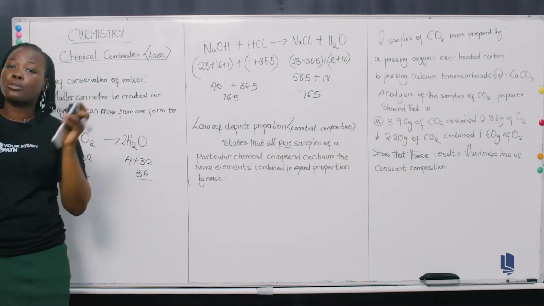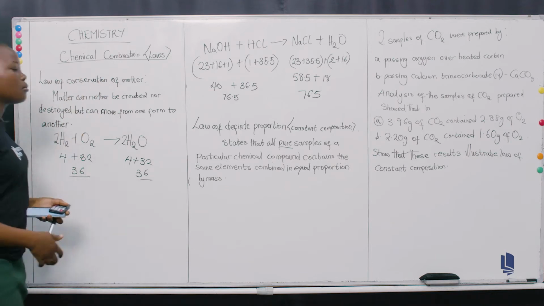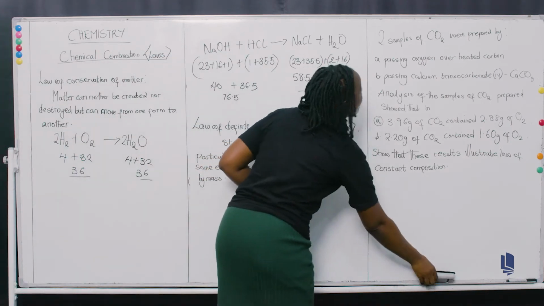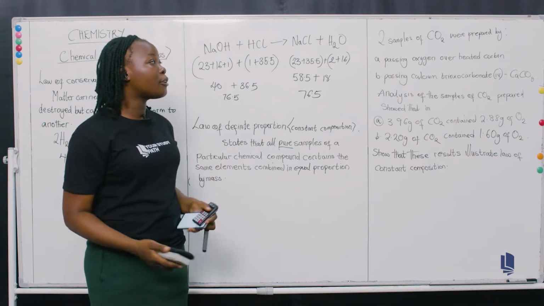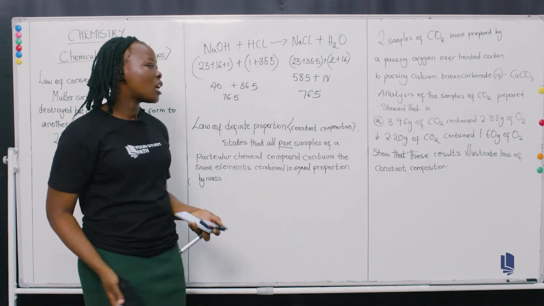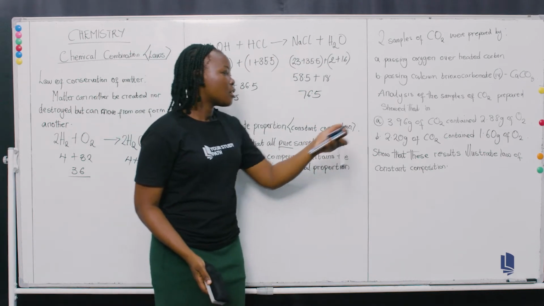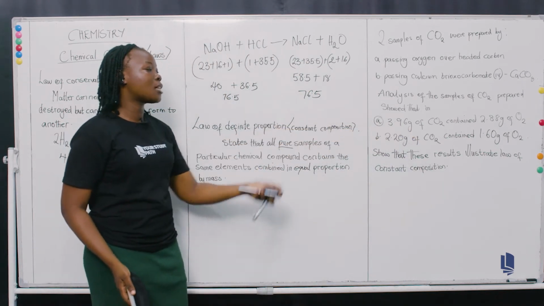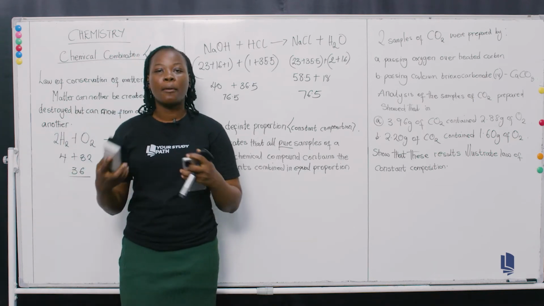If it is 1:2:4, in like manner. So we are told that 2 samples of CO2 were prepared using 2 different methods, and we should illustrate the law of constant composition. That means they contain equal proportion by mass.